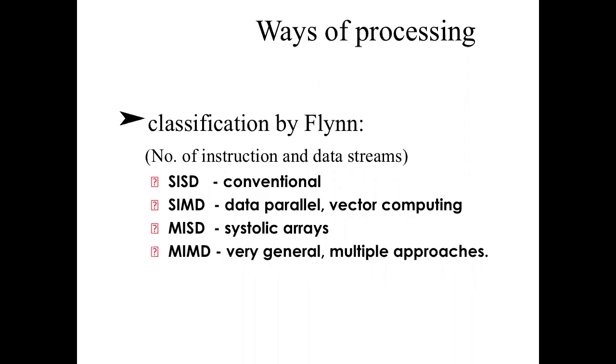So single instruction, single data, that's your standard von Neumann style computer. And then there's the MIMD, multiple instruction, multiple data, and SIMD, which are truly parallel computers. And you would see SIMD architectures for things like vector-oriented machines. That's common.